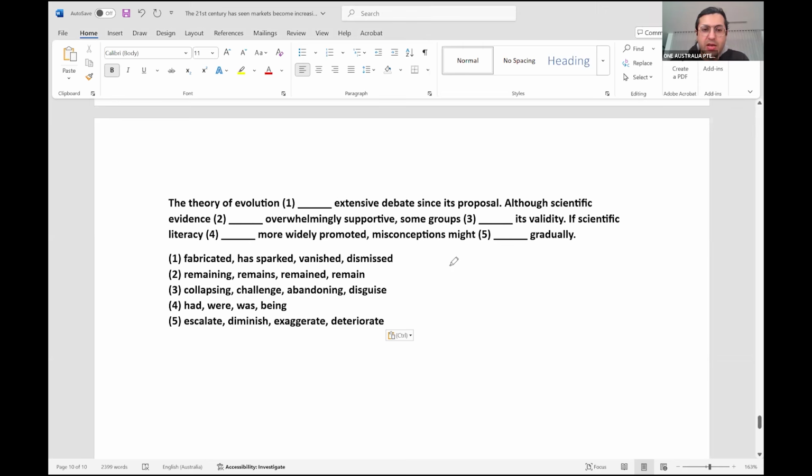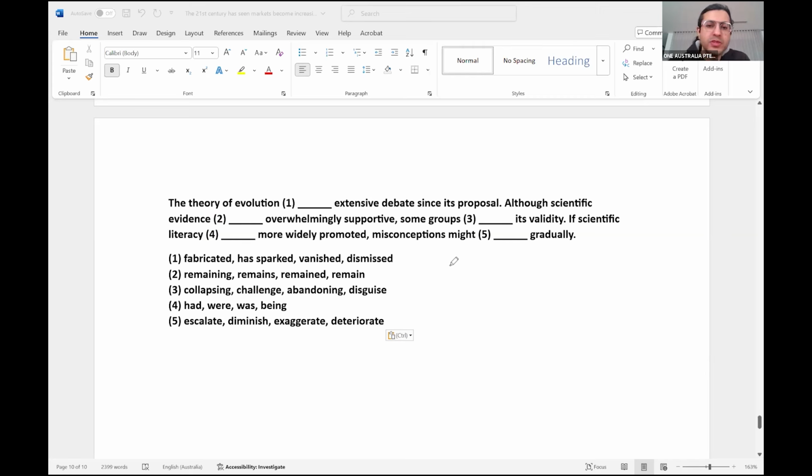So how can we use remained? We cannot. And evidence is uncountable. Can you count evidence? No, you cannot count the word evidence. It is an uncountable noun. So an uncountable noun will be followed by a verb which ends with s or es. So the answer should be remains.